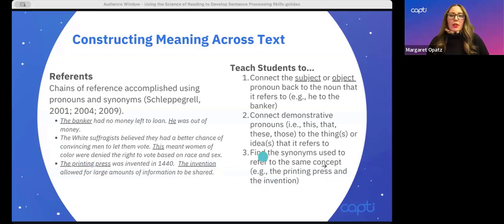So what's really important to do here is connect the pronoun or the synonym back to what it's referring to. As I mentioned, this and these or those are much more challenging and will take time for students to summarize what it is that the author is referring to.